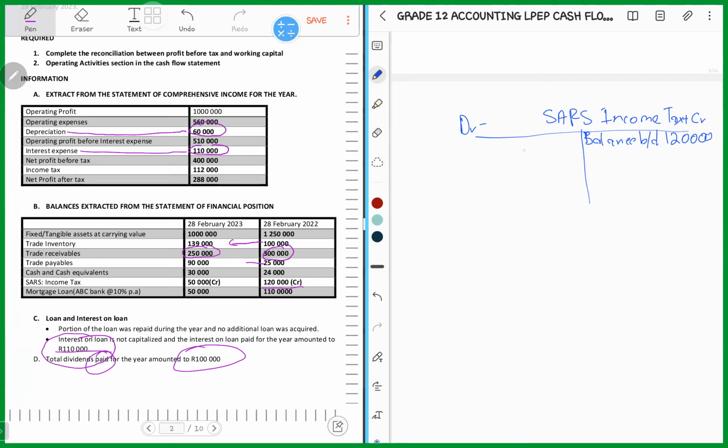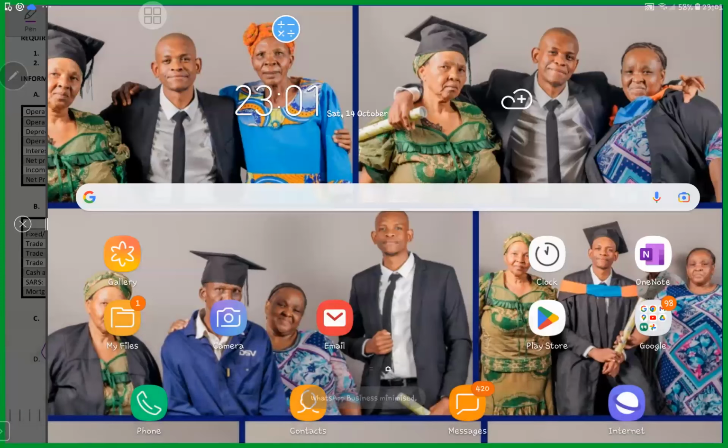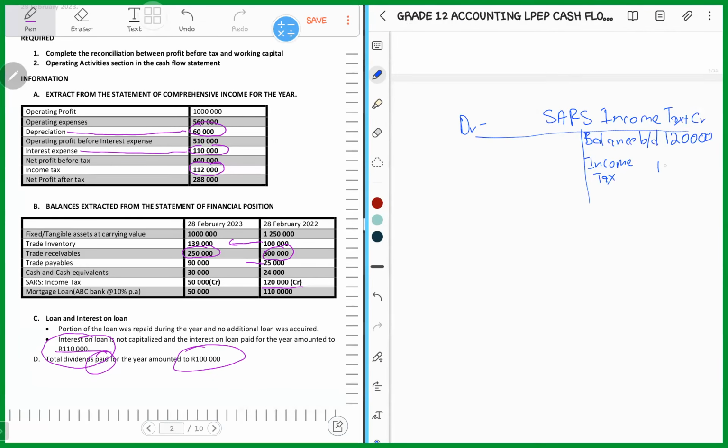Then here, the income tax expense will be from the statement of comprehensive income. Now, from the statement of comprehensive income, the income tax for the year, it's how much? It's 112,000. So we're going to say 112,000.